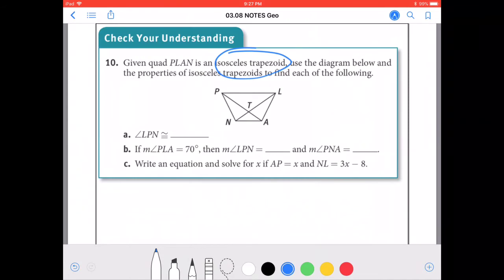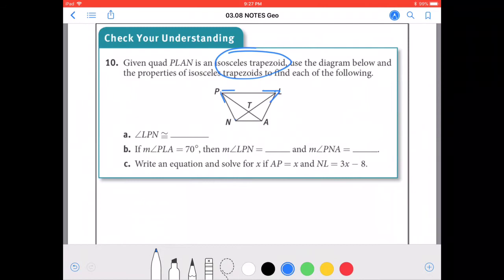So let's try to use some of those properties to do the following. Angle LPN, so LPN would be this angle right here, would be congruent to which angle? So we can just look at that visually or just use our theorem to say it would be equal to the base angle that's congruent to it. So that would be the other side, which would be angle L.